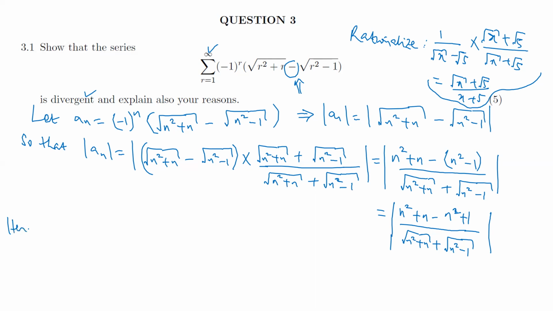Hence the modulus of this would be, from this, it follows therefore that n squared minus n squared is 0, leaving us with n plus 1 over the square root of n squared plus n plus the square root of n squared minus 1.